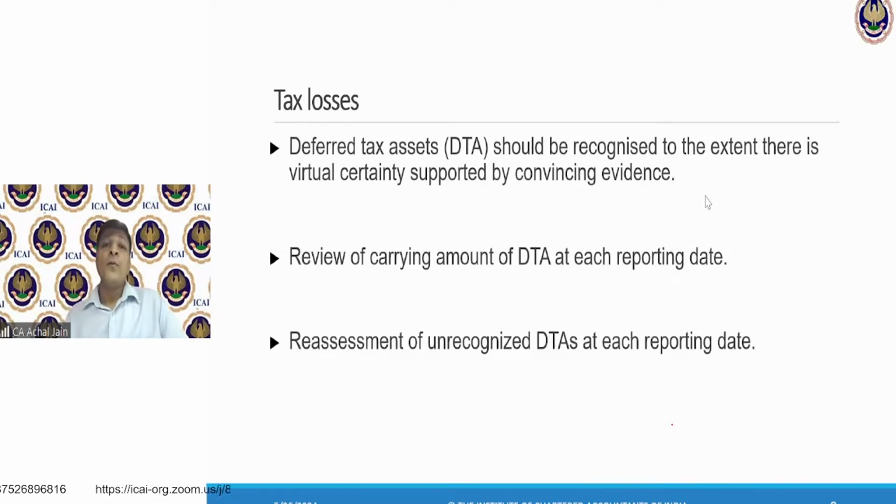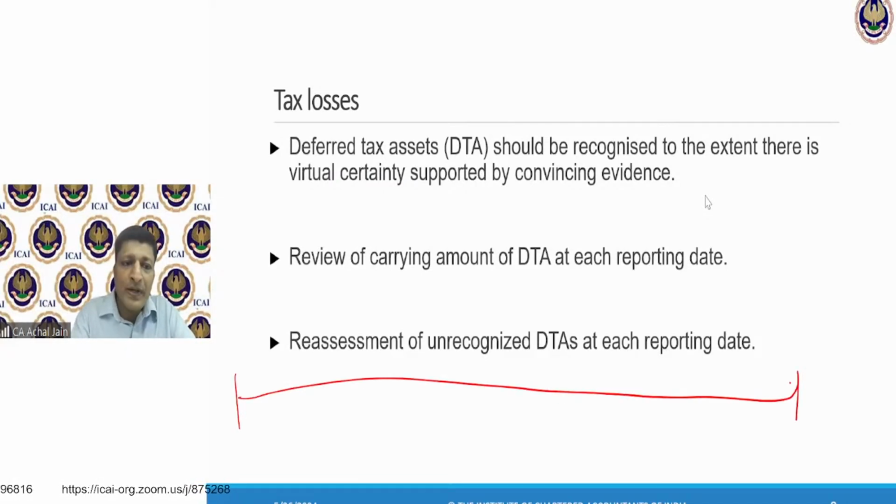So now moving on to the next part. At times, a company could be running into losses for past so many years. So say this is year 1, year 2, year 3, year 4.